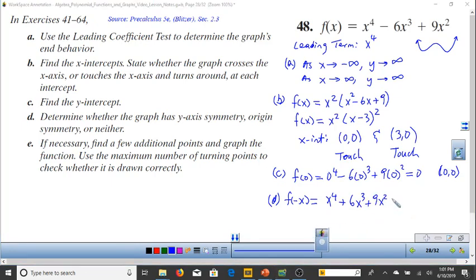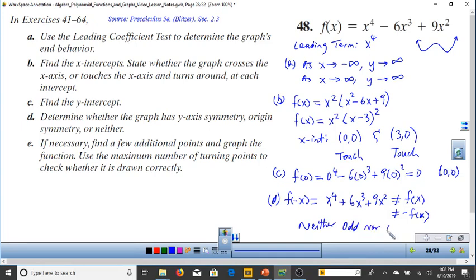And that is neither the original function nor the negative of the original function. So this function is also neither odd nor even. And then we can do a rough sketch of the graph.